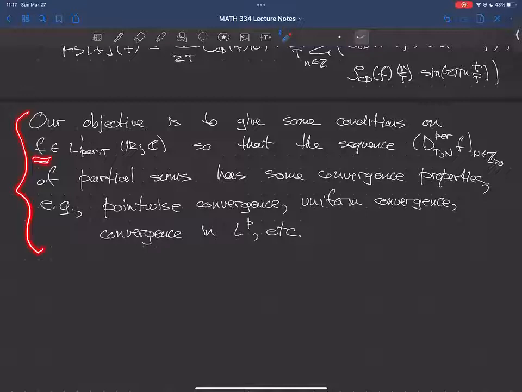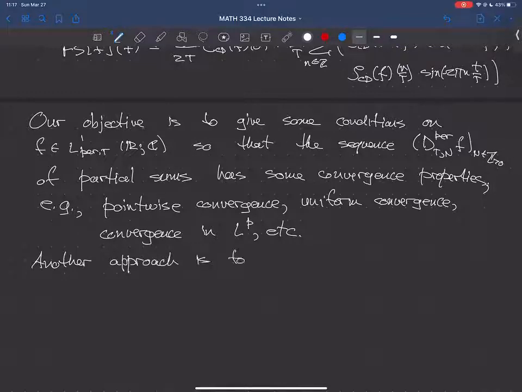So I need to put conditions on f to get some kind of convergence of this sequence of partial sums. Another approach, and again, it's one we'll talk about, is to find a better candidate for the left inverse.